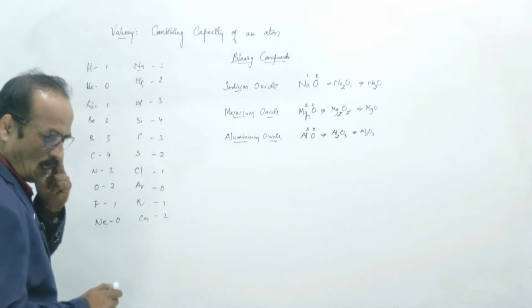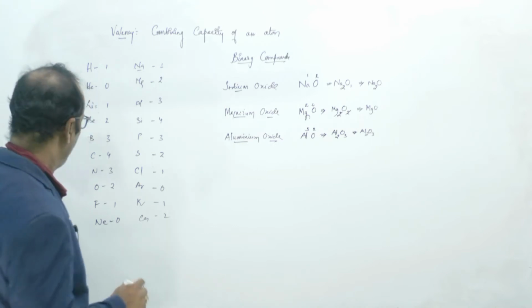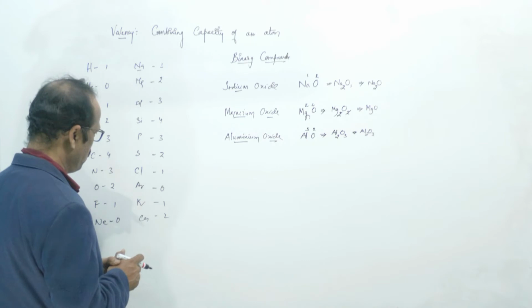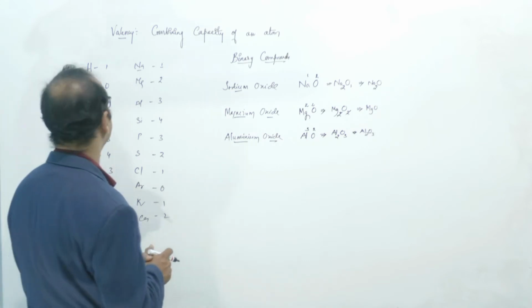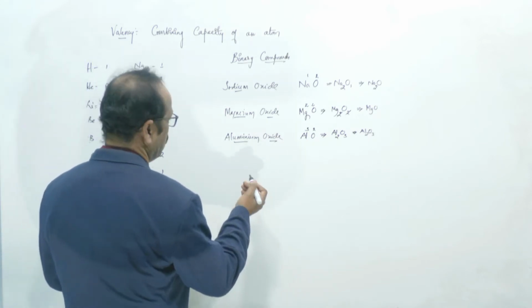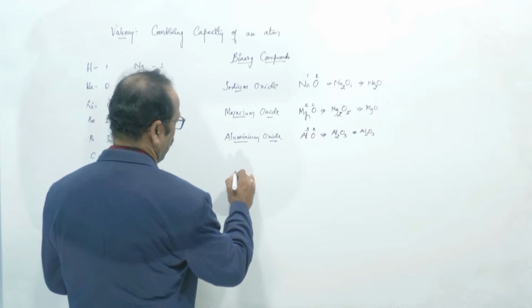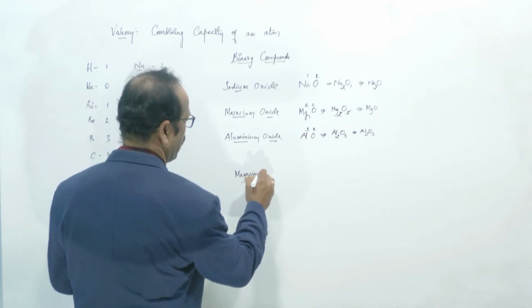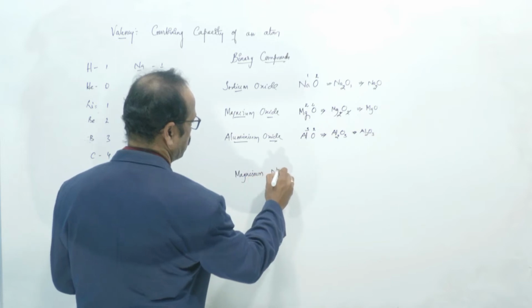Okay, for example, if you want to write the compound which is forming between, what do you take? Magnesium and nitrogen. Okay, I am taking like this, magnesium and nitrogen.